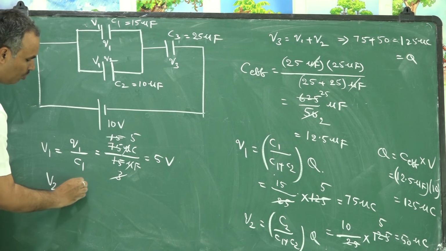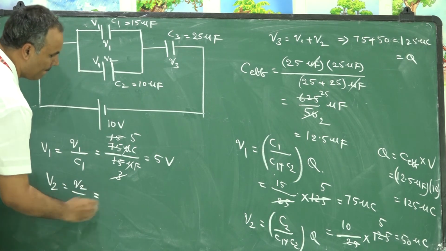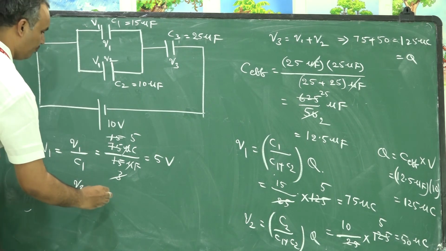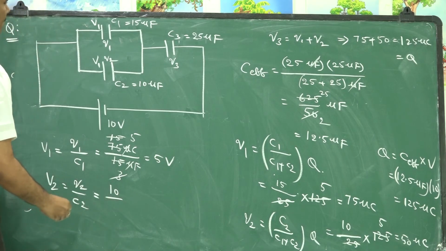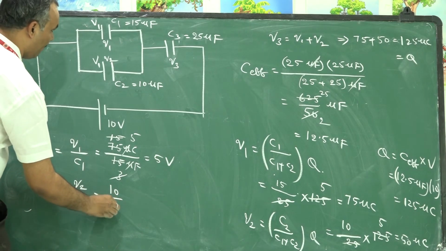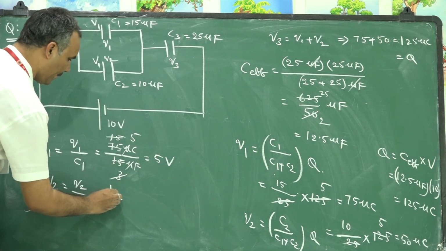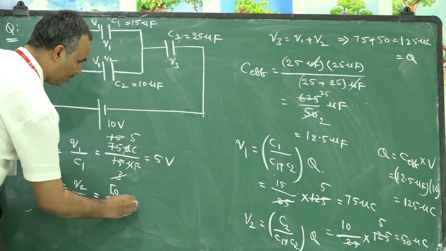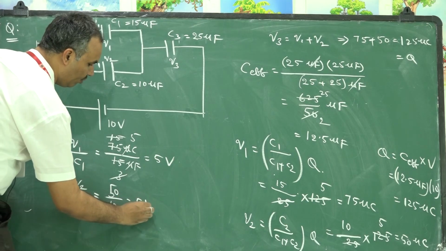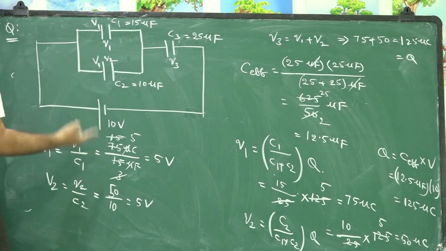V2 is equal to Q2 by C2. Q2 value we calculated as 50 by 10, nothing but again you get 5 volts. No doubt both are in parallel combination, so the same voltage is observed here.